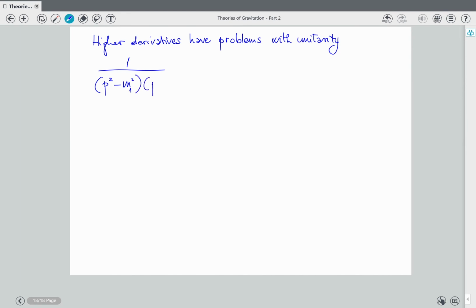So let me write a generic polynomial. I already factorize it like that. If you have a propagator like this that falls off more rapidly than 1 over p squared at p squared large, then you can decompose it in the difference of two simple poles. And remember that the simple poles are the degrees of freedom and the residue is important.